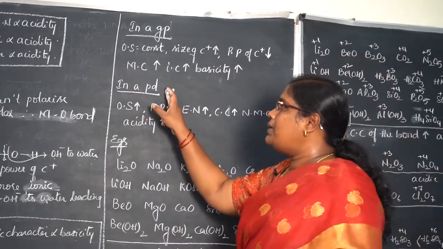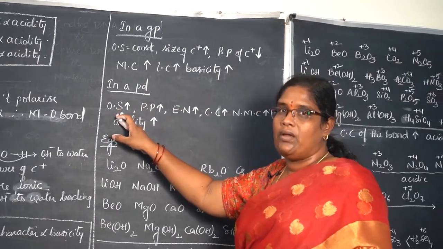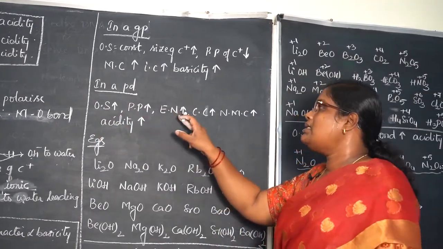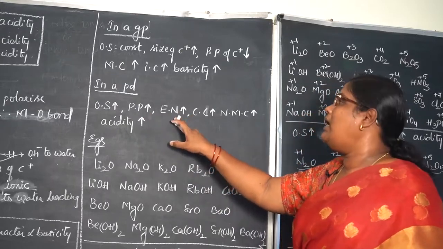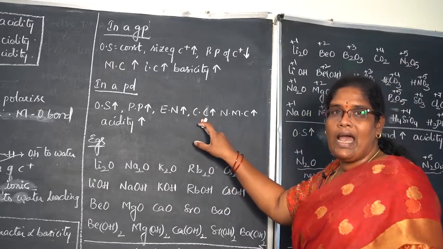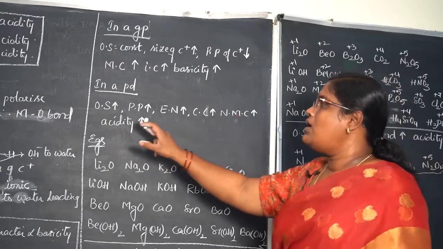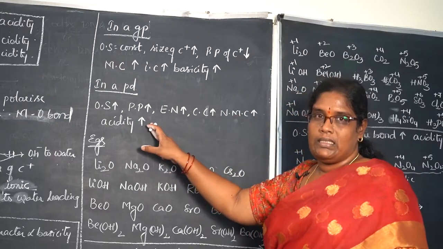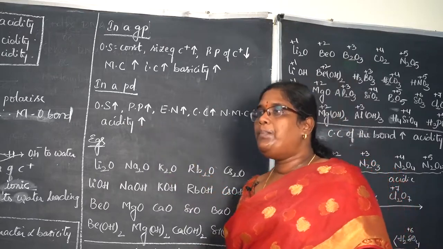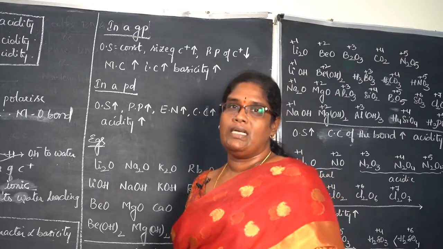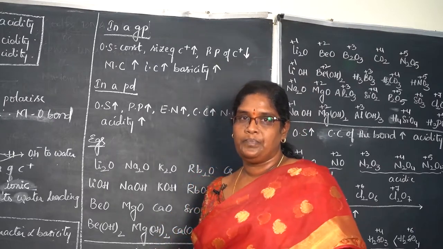In a period, oxidation state increases, polarizing power of cation increases, electronegativity increases, covalent character increases, non-metallic character increases, so acidity increases. Simply, in a period, oxidation state increases, therefore acidity increases.